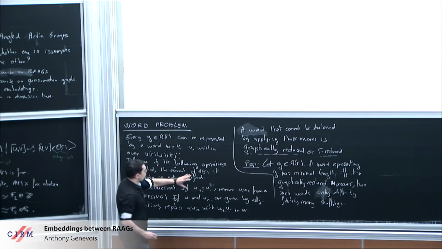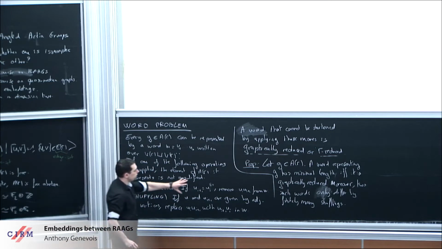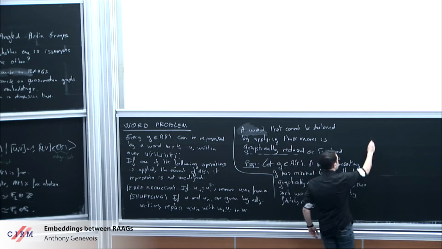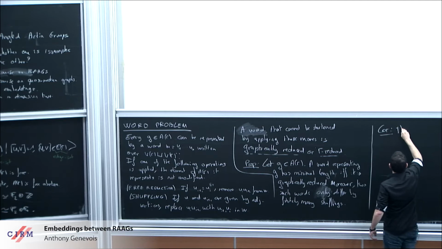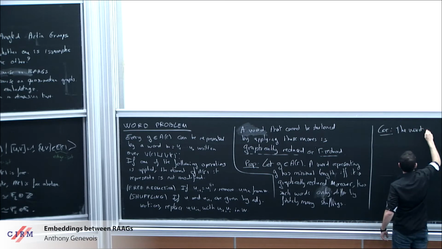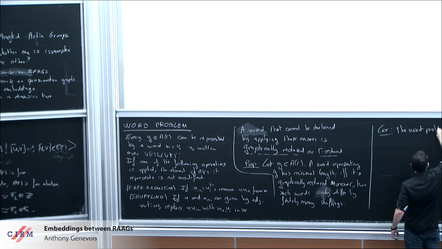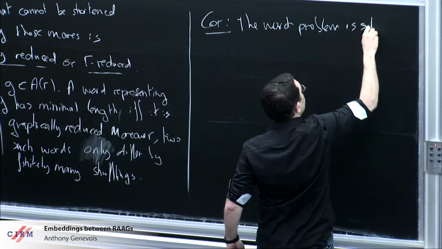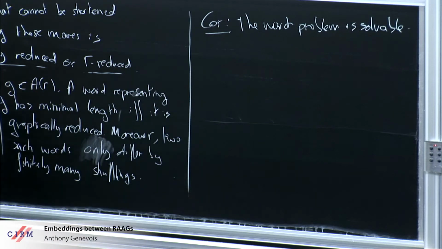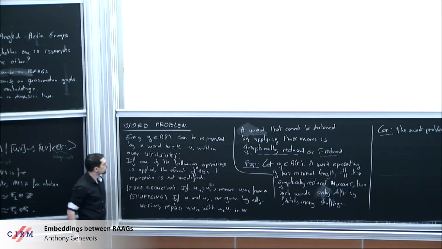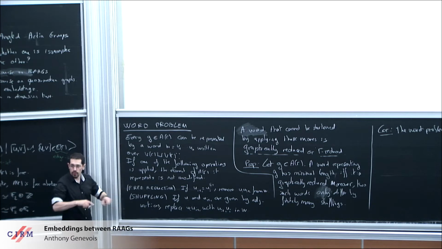Okay, so this proposition is actually really useful. So let's see a few consequences. A first consequence is that the word problem is solvable. The reason is that you take a word, you apply the shuffling. It does not modify the length of the word, right? So you can just write down the list of all the possibilities.